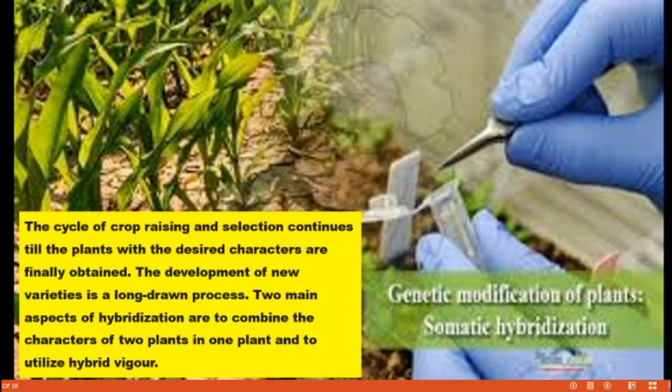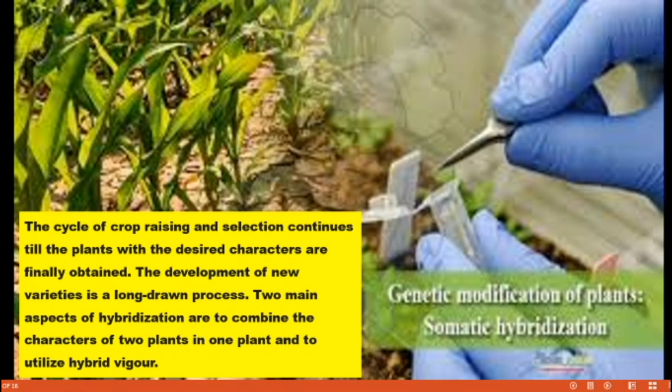So it is not short, it is a long process, because we have to wait for several generations, because there are two types of characters. One is a recessive character, another is a dominant character. The recessive character may be expressed in the F1 generation, and that character may not be desirable. So we have to wait for that. That is why we call it a long process.